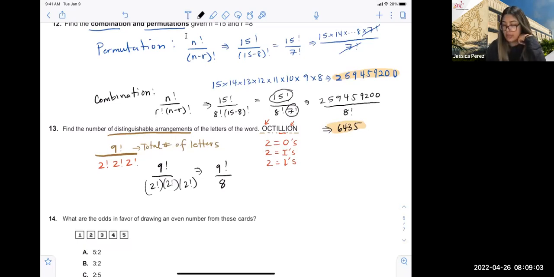So when you do it in your calculator, 9 factorial divided by 8, you should get a total of 45,360 distinguishable arrangements.